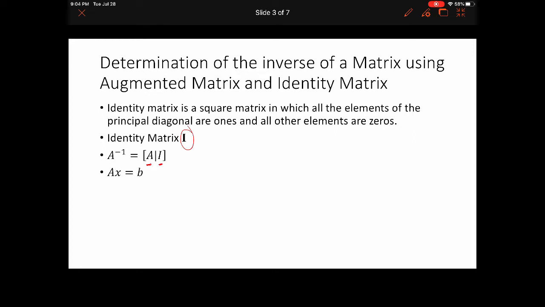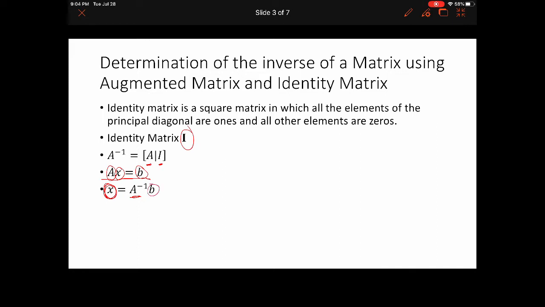So remember the notation for a system of linear equations. A is the coefficient matrix, X is the unknown, and B is the constant. So if we are going to find the unknowns, the X, Y, Z and so on, we just take the inverse of A, so A raised to negative 1, on the other side of the equation, while the constant stays as is.